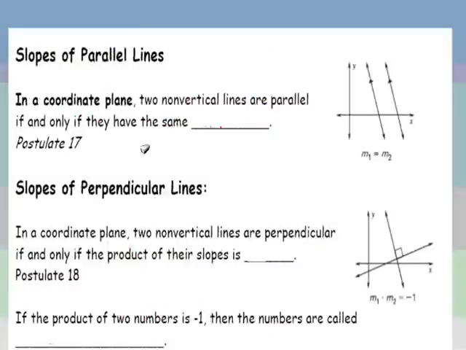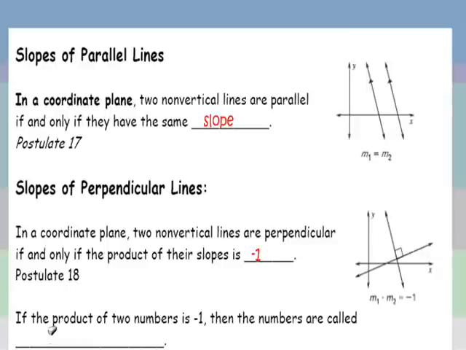All right, so when we're talking about slope, we need to talk about the slopes of parallel lines and perpendicular lines. And so in a coordinate plane, two non-vertical lines are parallel if and only if they have the same slope. And I want you to be thinking about why we made this little criteria, two non-vertical lines. And we will discuss that at a later point. All right, and then perpendicular lines in a coordinate plane, two non-vertical lines are perpendicular if and only if the product of their slopes is -1.